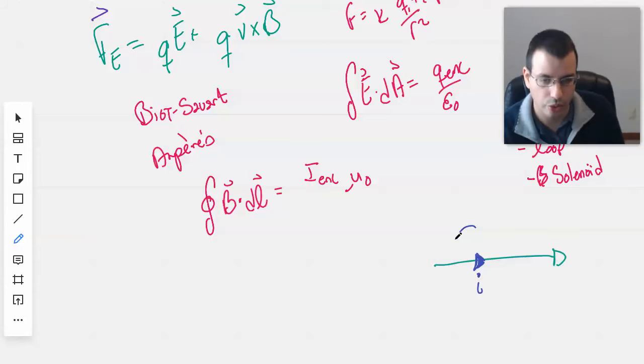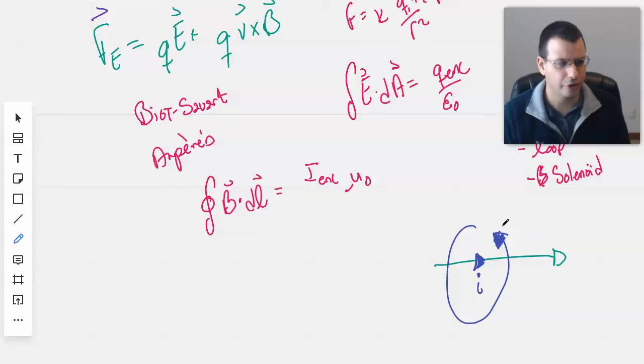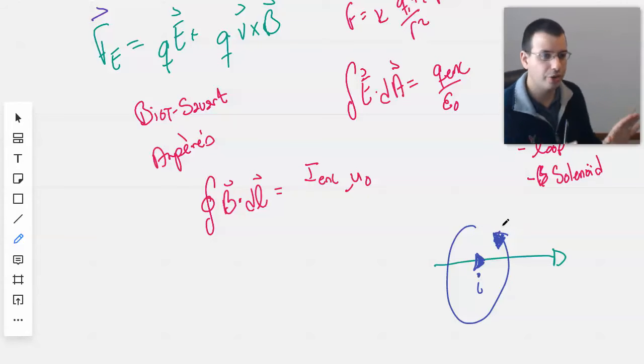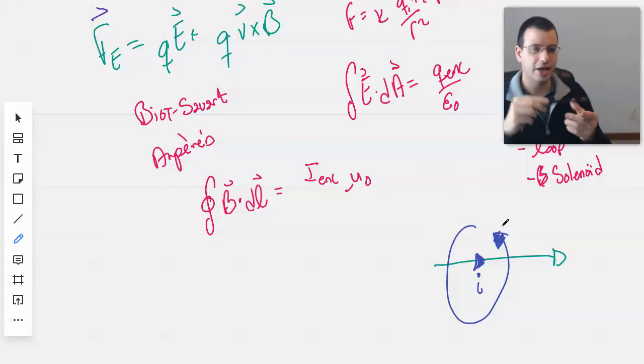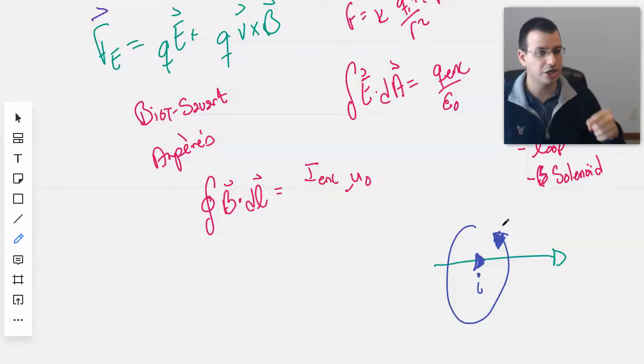We use the right-hand rule for this. Right-hand rules are really good for cross products. The way the right-hand rule works is you have your wire with a current going that direction. You put your thumb along the direction of the current, and then the direction you wrap your fingers will be the direction of the magnetic field.